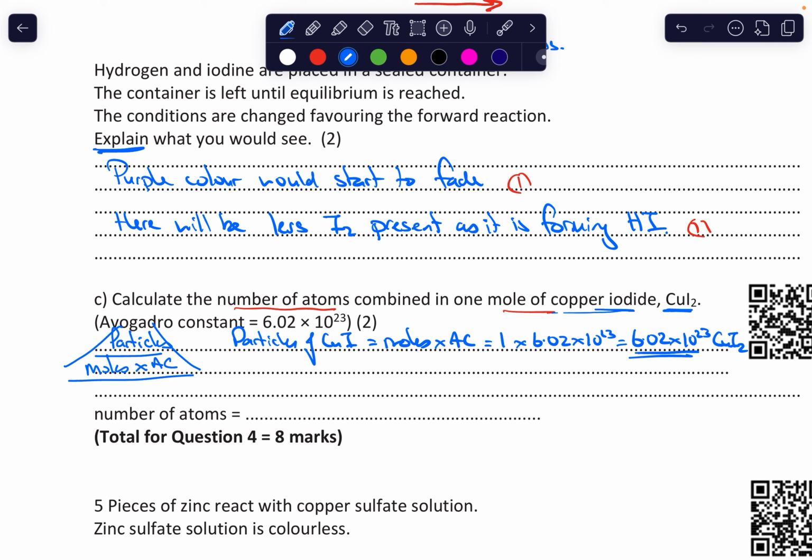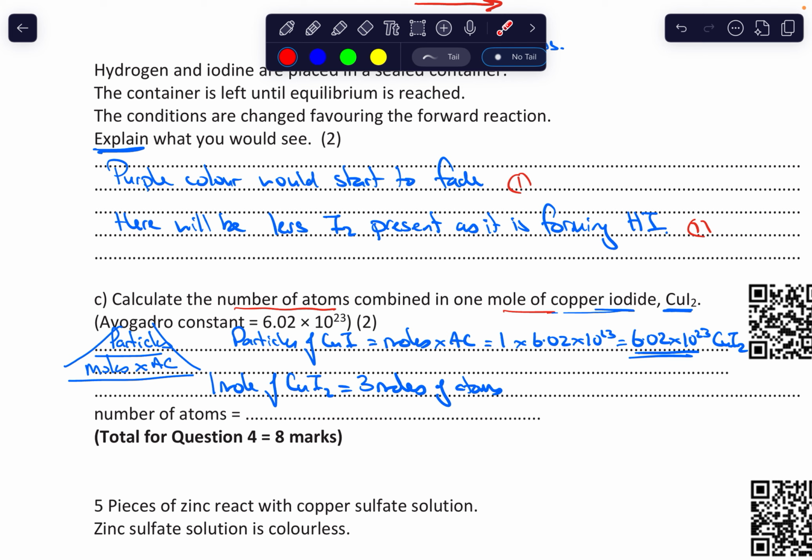In copper iodide, 1 mole of copper iodide contains 3 moles of atoms. So why is that the case? That's the case because here you've got 1 lot of copper and you've got 2 lots of iodine. So in total, there are 3 moles of atoms inside 1 mole of this substance.